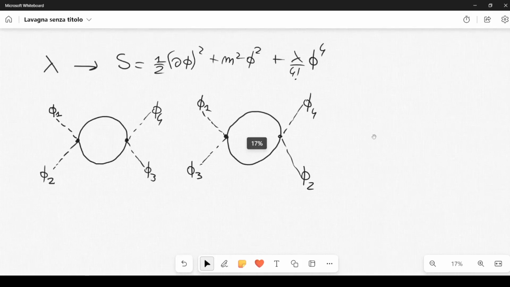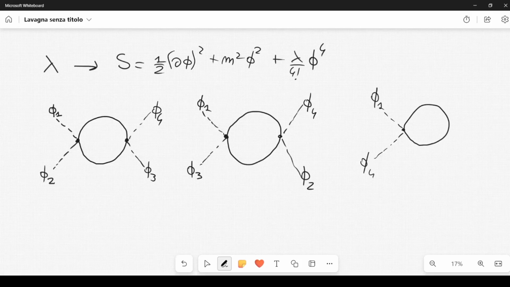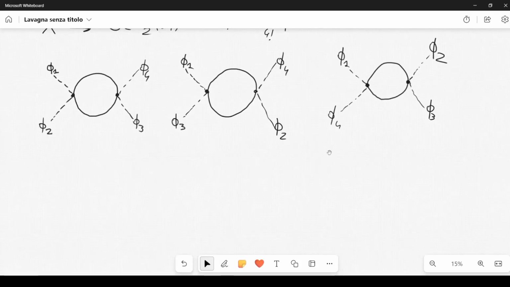Similarly, we also have another possibility because we can pair phi 1 with phi 4. So here we have phi 4, we have the loop with the two vertices, phi 3 and phi 2. So these are the one loop corrections to the 4-valent vertex.